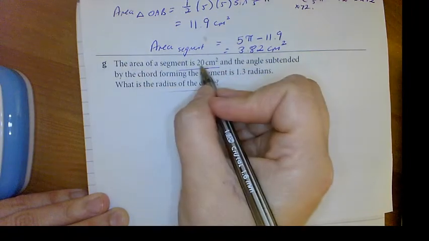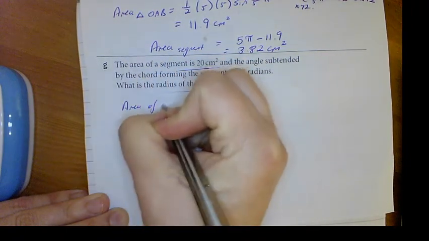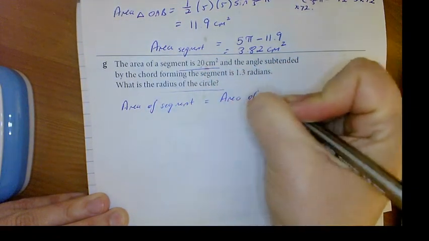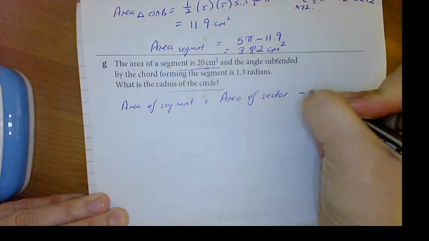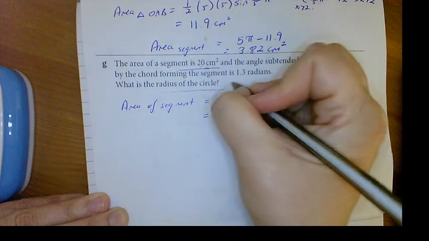So the area of a segment is equal to the area of the sector minus the area of the triangle. Now I'm going to call the radius r.